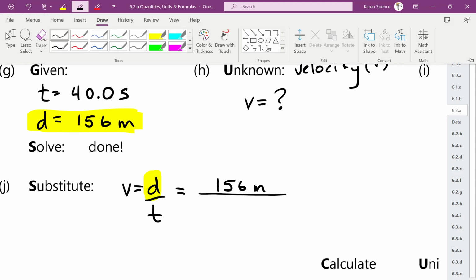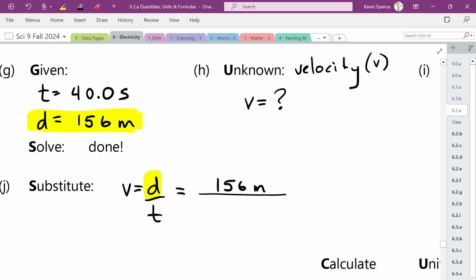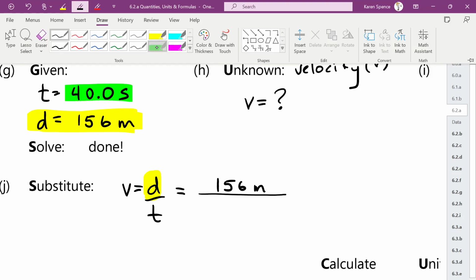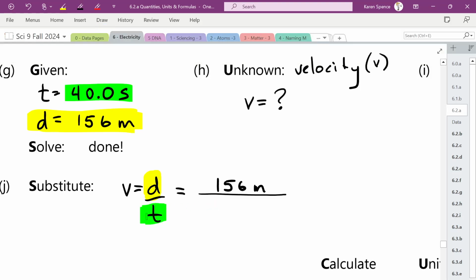And I'm going to find my value for T, and put it on the bottom, and that is 40.0 seconds. And then we do our division.